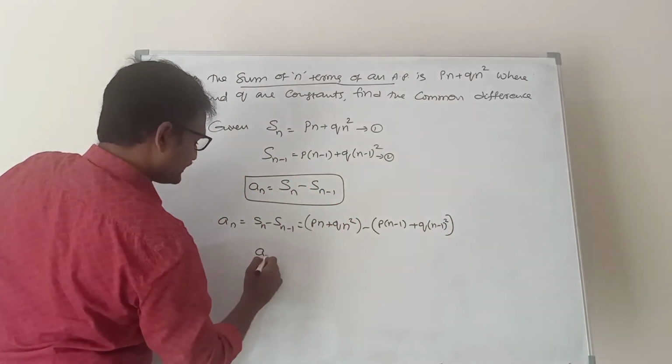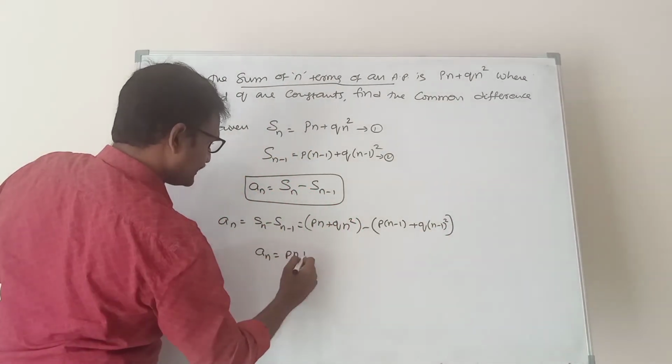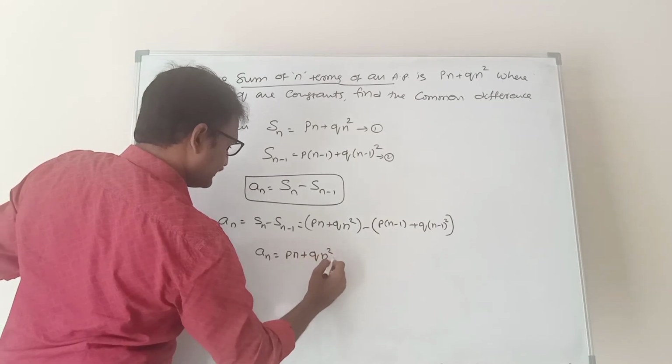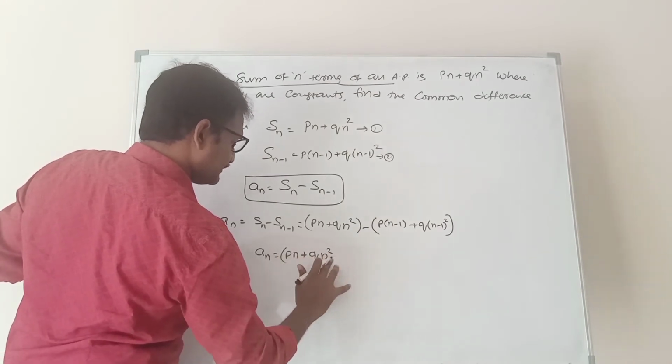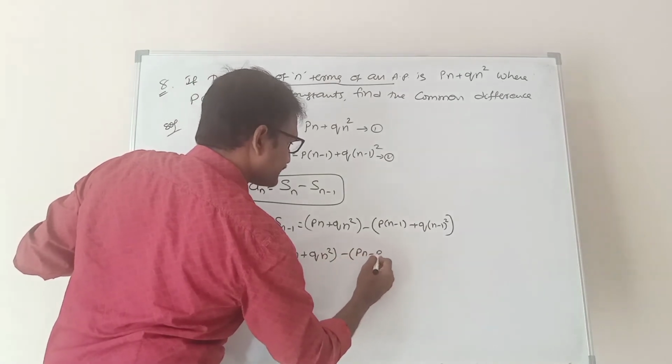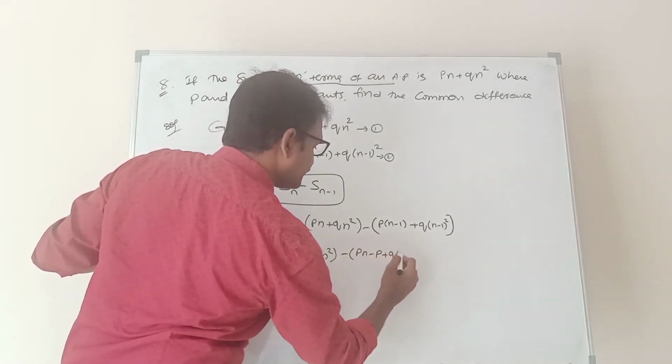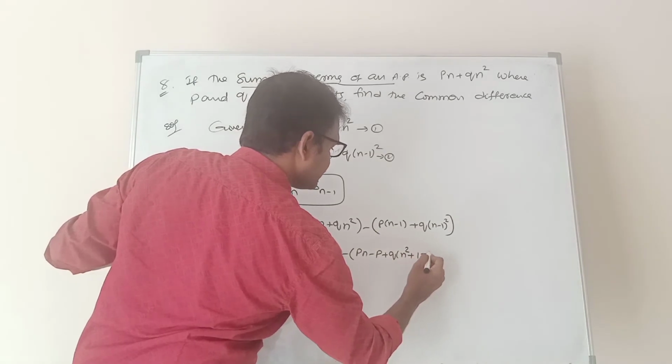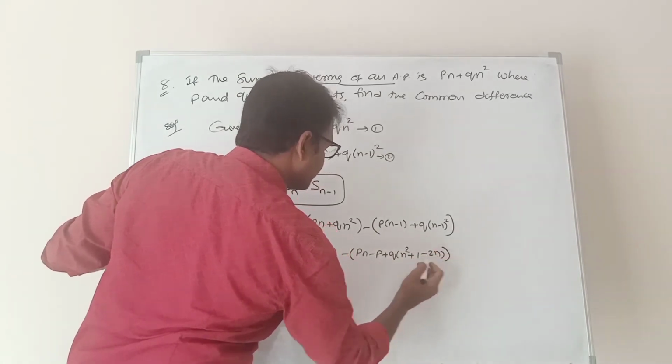So a_n is equal to pn + qn² − [pn − p + q(n² + 1 − 2n)].